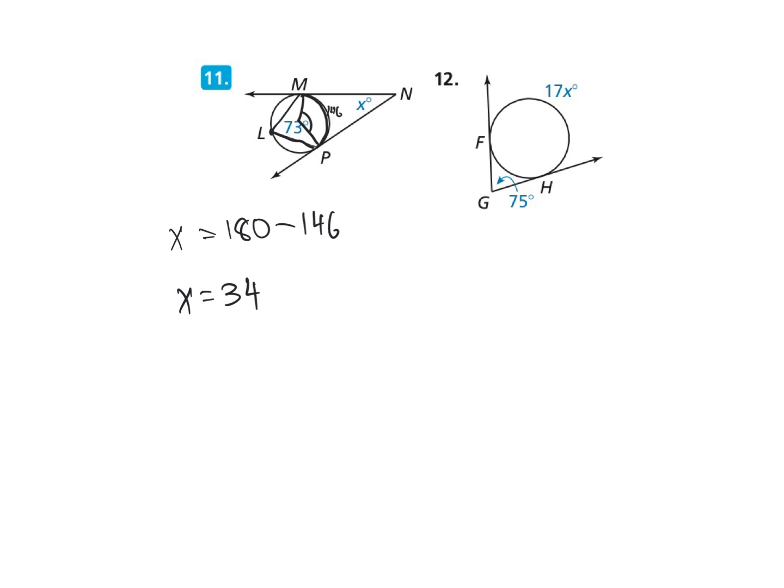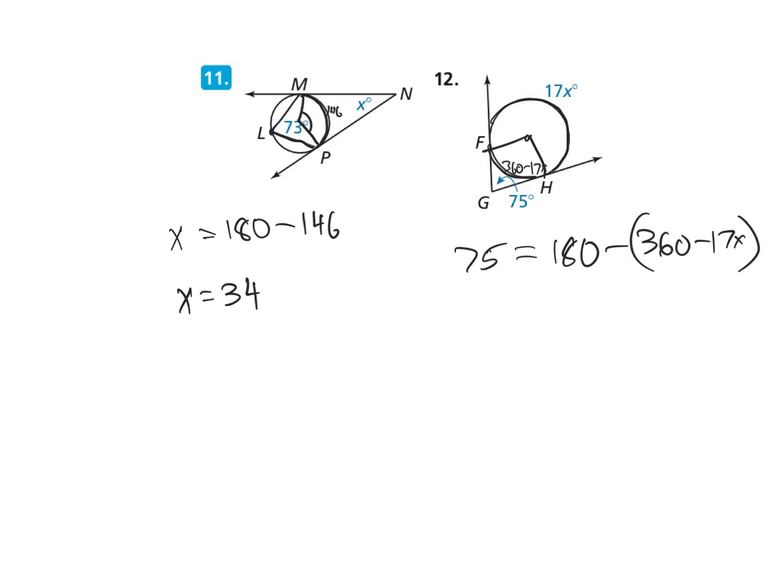Okay, and then again, this arc is 17x. So this arc is 360 minus 17x, which is the same as that angle. All right, so the angle, 75, the outside angle, is 180 minus the central angle, 360 minus 17x.